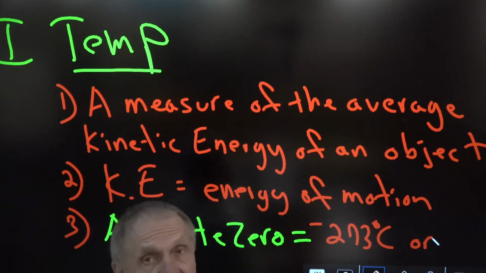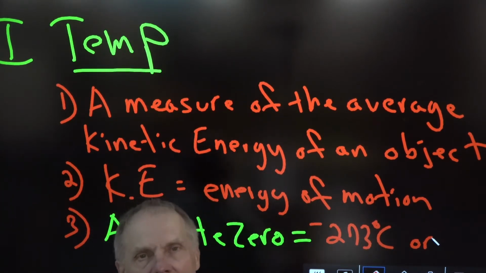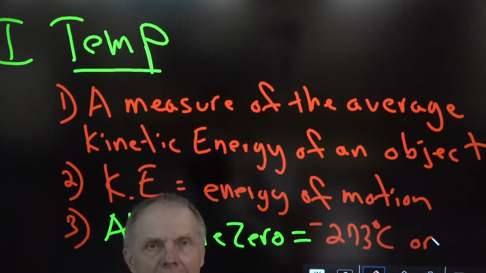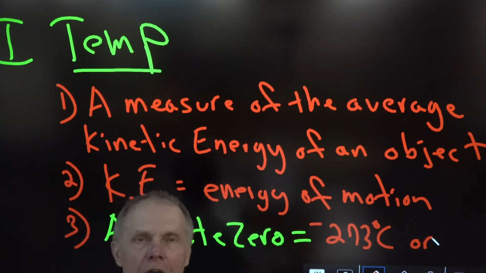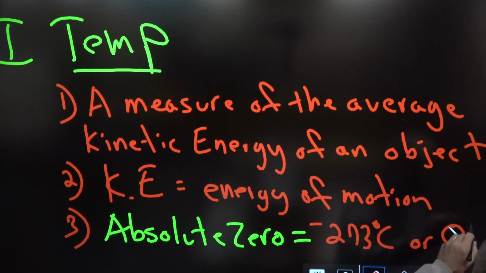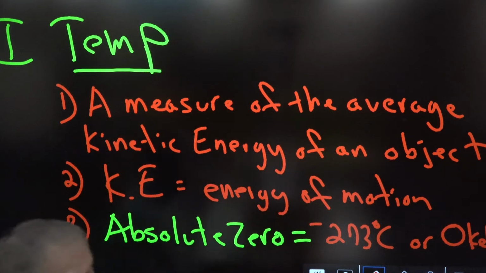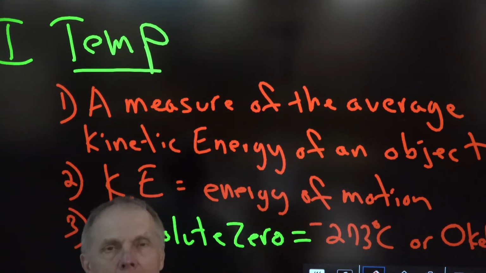To go from centigrade to Kelvin, you just add 273 degrees C and you get Kelvin. So for absolute zero, it would be 0 Kelvin. Remember, that's the temperature at which there's no vibrational motion whatsoever.